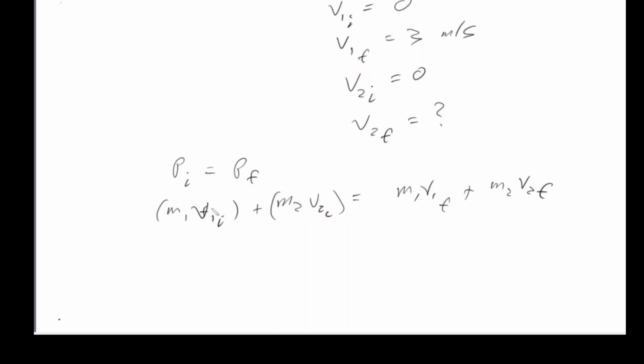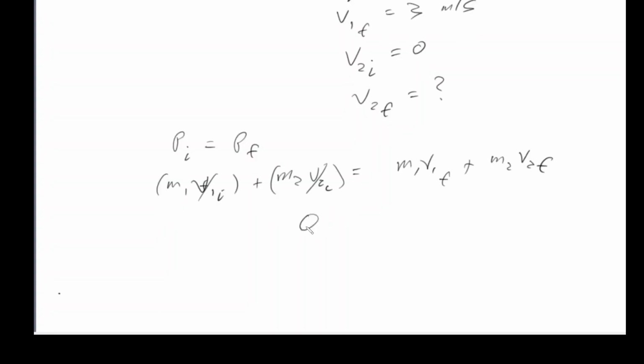Well, the initial velocities are 0, so we get 0 is equal to 50 times v1 final, which is 3, plus the mass of the raft, m2, times v2 final.